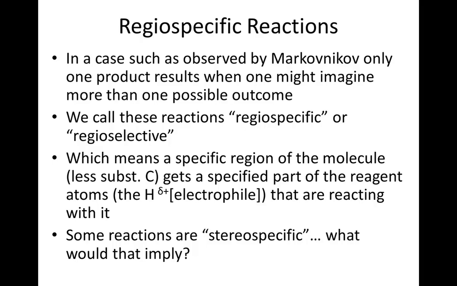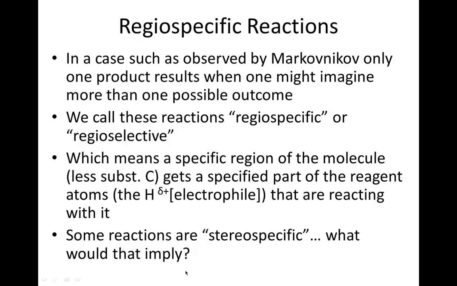Okay, so you only get one outcome when you could have had more than one outcome. And kind of where that word comes from is that a specific region of the molecule, in this case the less substituted carbon, gets a specified part of the reagent. And in this case it was the electrophile or the hydrogen with the positive character that was reacting with the alkene.